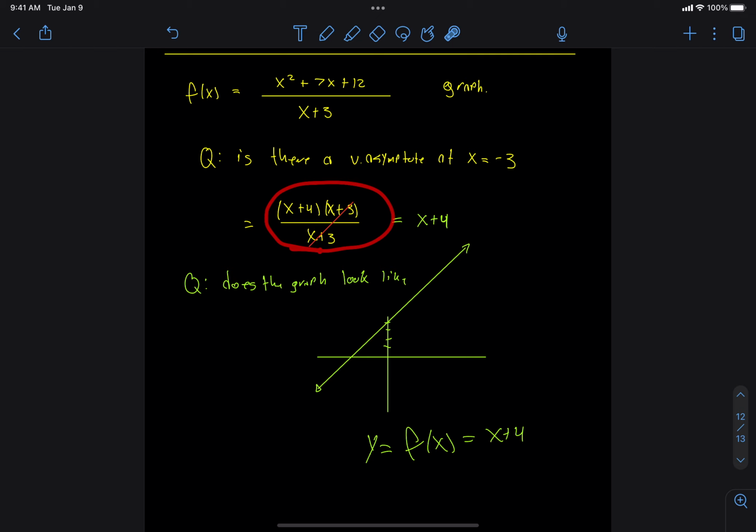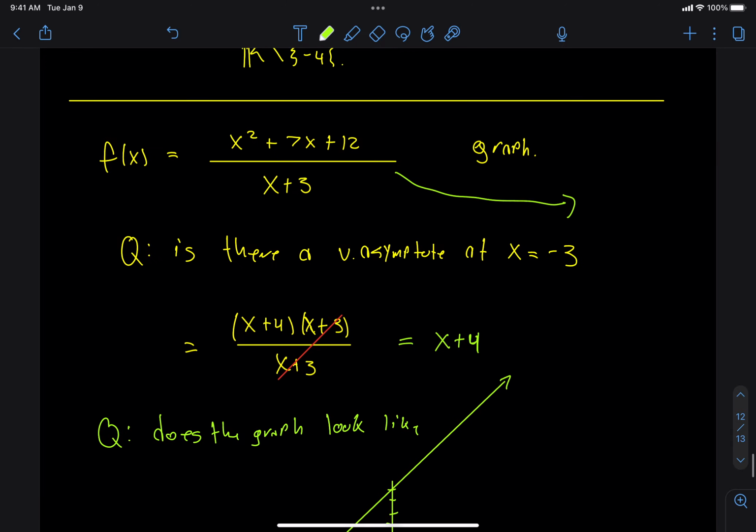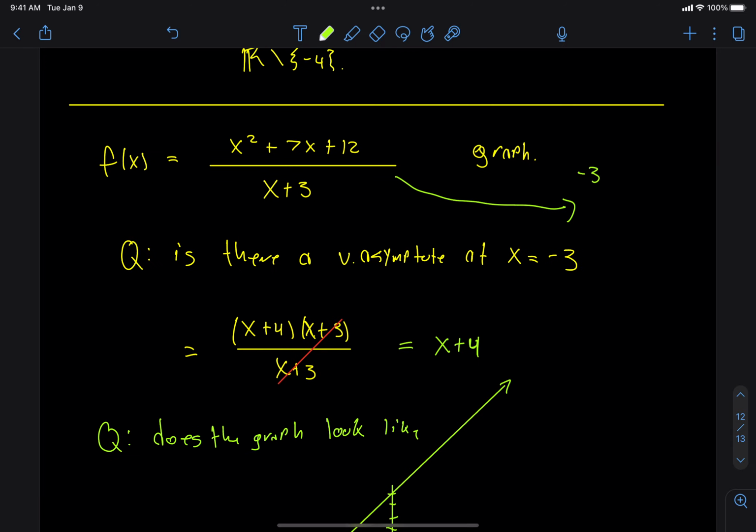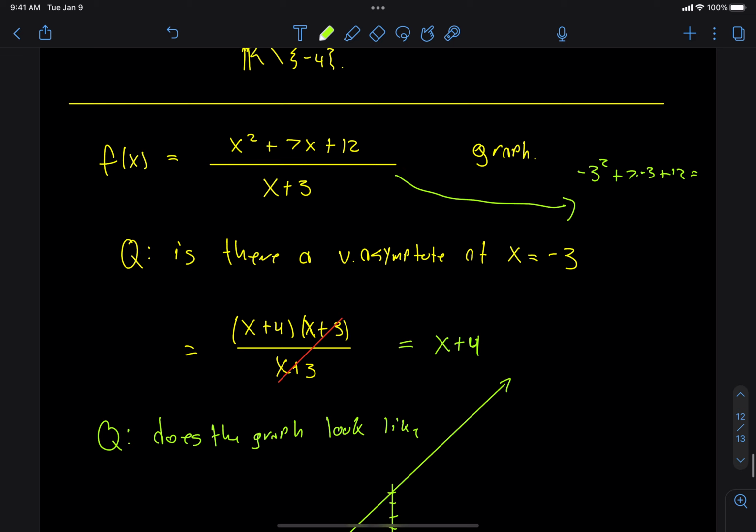Because what would I get on the original function if I plug in -3? On the top I would get -3 squared plus 7 times -3 plus 12, which would be 0. And then on the bottom, what would I get? Also 0. So, do you think I'm allowed to plug in -3 into this function?